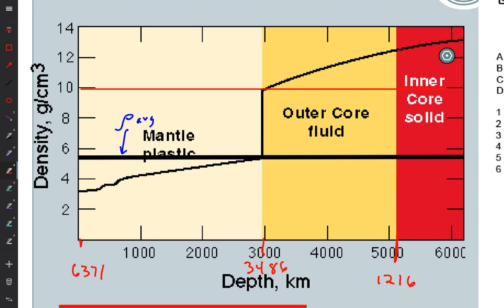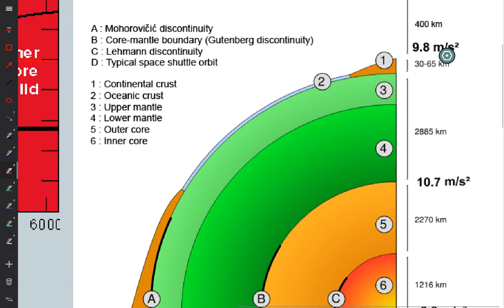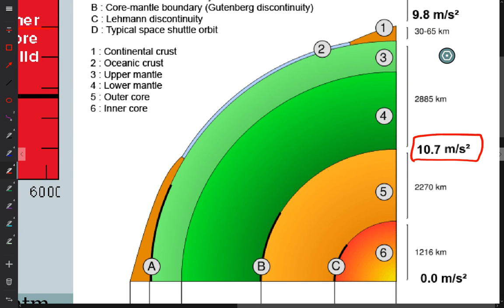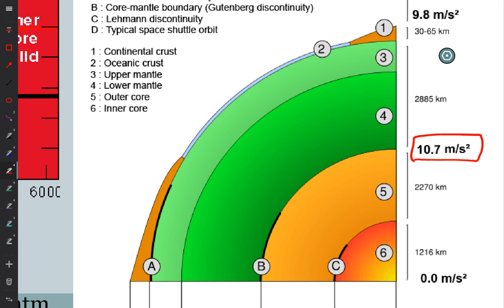Now, if you look at the other part of this figure, you see that the acceleration of gravity is highest here at that boundary. So the acceleration of gravity in reality actually increases as you go down until you get to the molten core, and then it starts decreasing. Can you explain that by hand waving before we do any math?